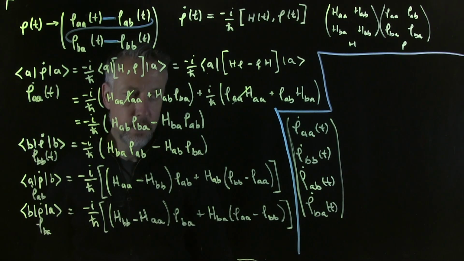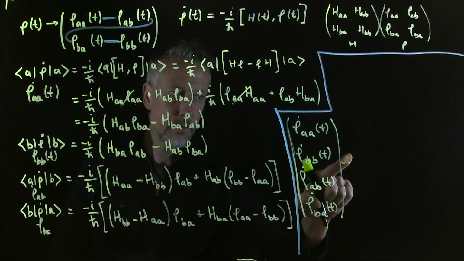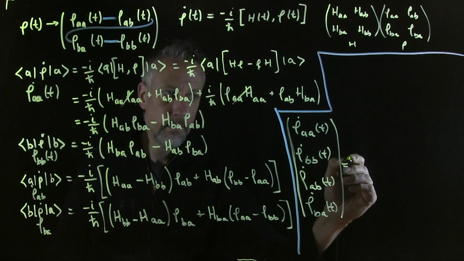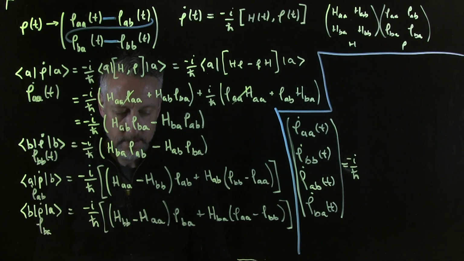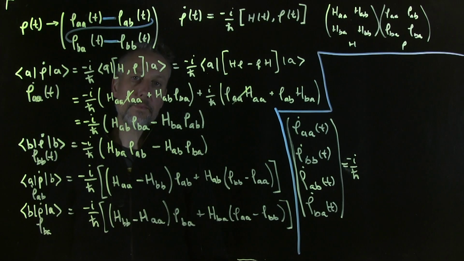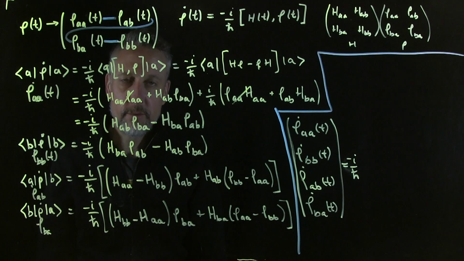Okay, fine. Then on the right-hand side, we have minus i, oops, we need an equals. Equals minus i over h bar. I'm trying to make that fit as easily as I can. Okay, now, it's not something that you can easily probably do in real time, but it's something that has been done. It's been done by other textbook authors.